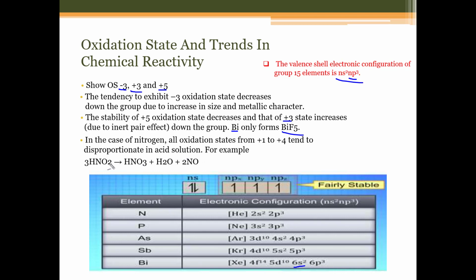For example, the oxidation state of nitrogen in this case is +3. Here it is +5. And in this case, the oxidation state of nitrogen is +2. That means here it is undergoing oxidation, and in this case, it is undergoing reduction.